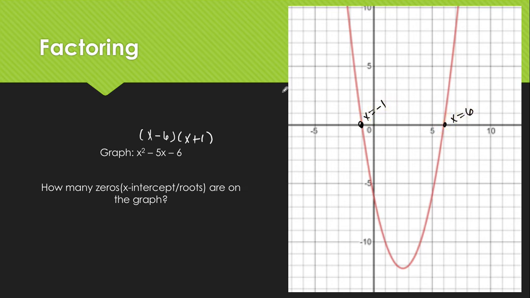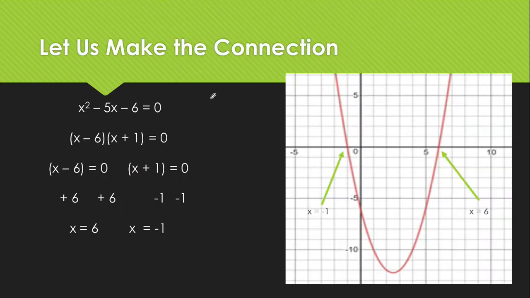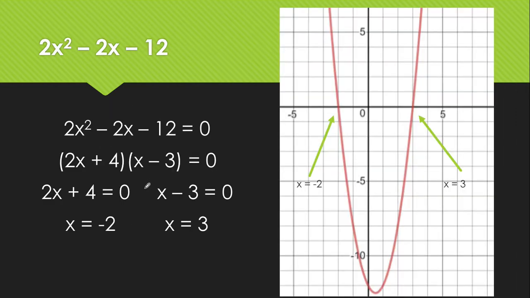And how do those relate? Well, we know that at the x-intercepts, the y values are 0. So we set our factors both equal to 0 and solved for x. Okay, so this is the connection we made last class. Same thing where we found the factors, set them equal to 0 and solved, and noticed how the factors related to the zeros.